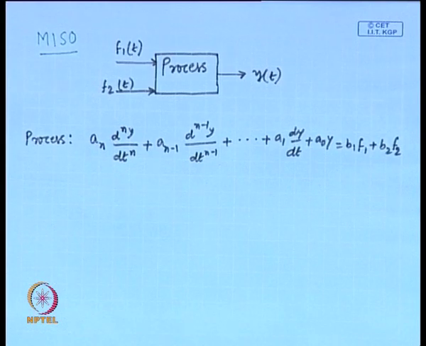The process model is quite similar to that of the seesaw system, only the new addition is the input variable. In the previous case we had one input variable, here two input variables.